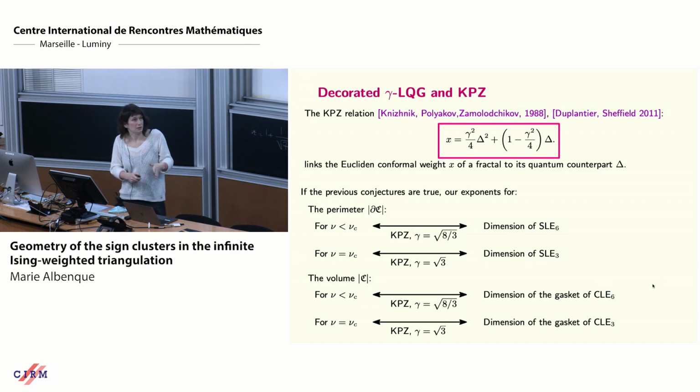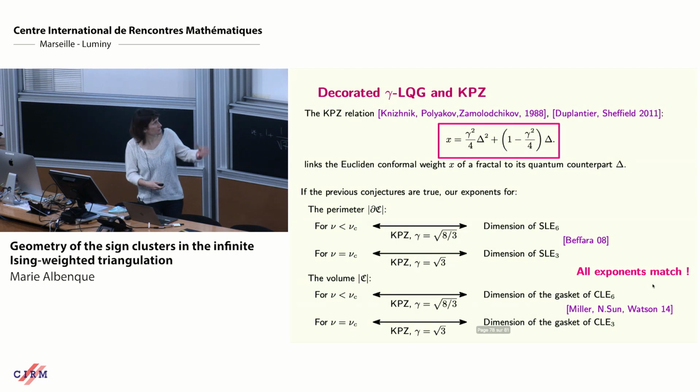The KPZ relation is for gamma Liouville quantum gravity, and it depends on gamma. I told you that for the critical Ising model, gamma is supposed to be square root of 3. So what we can do is compute the perimeter and the volume of the cluster in our model, and relate them to the known values in the Euclidean setting.